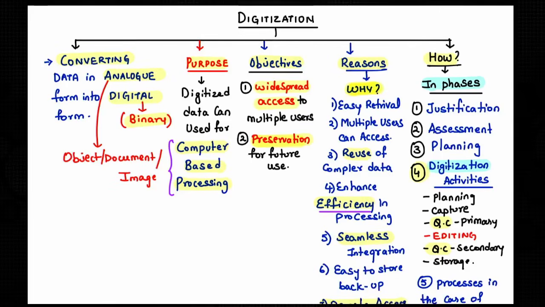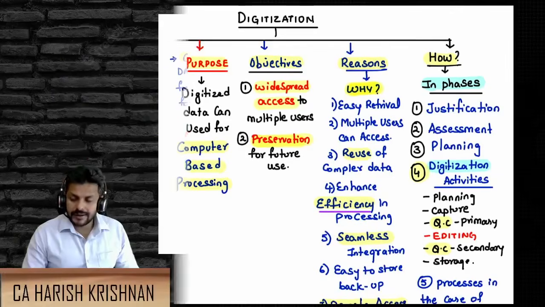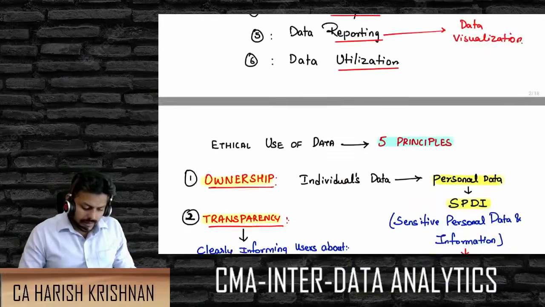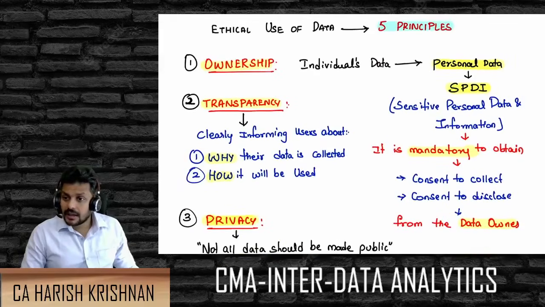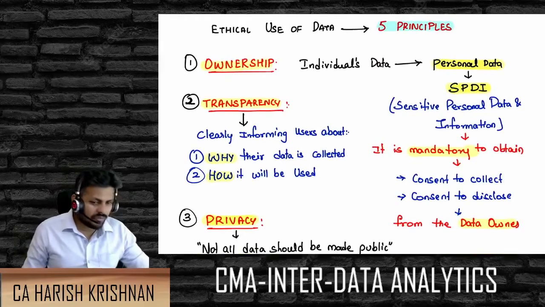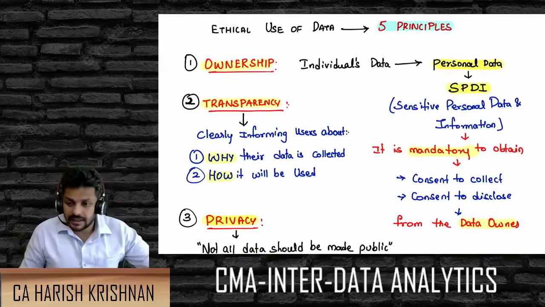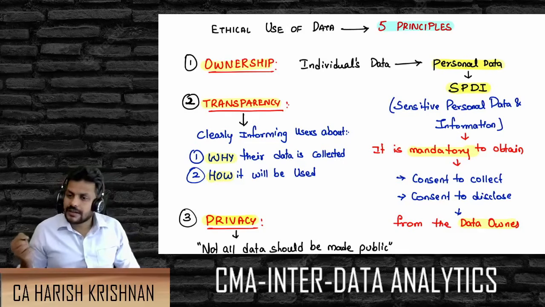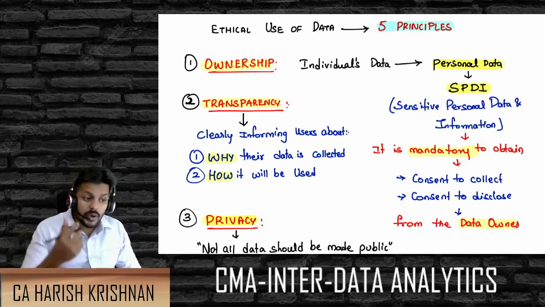All right, guys, I hope you have gone through that. So let us move on to the next topic, which has also been an exam question of the past, and that is called ethical use of data. So how important is it to use data very ethically? Ethical use of data is a very important thing, because at the end of the day, anytime you do any of these aspects, that is collection of data from various sources, you have to do two things.